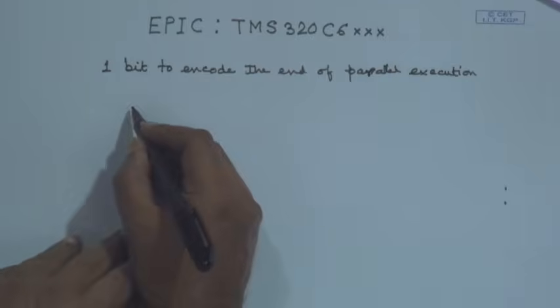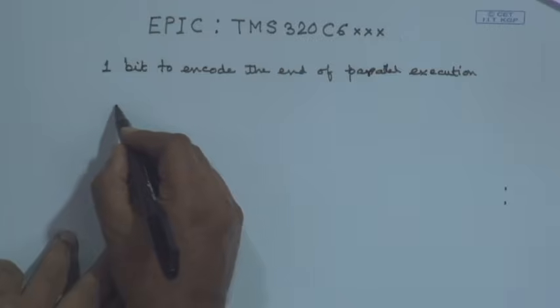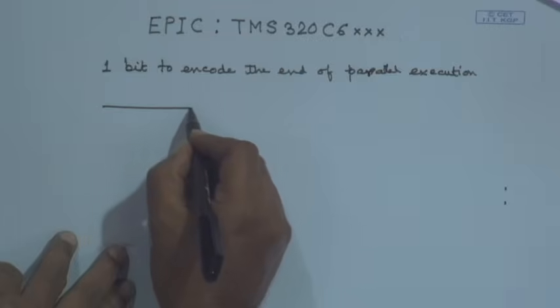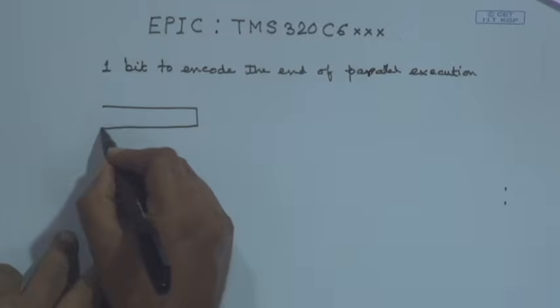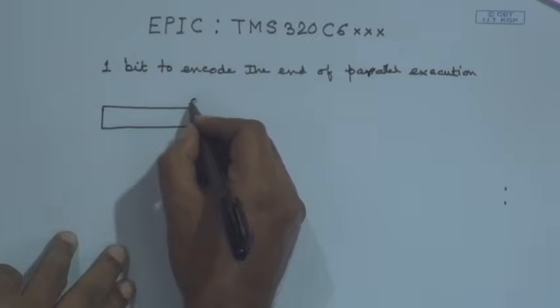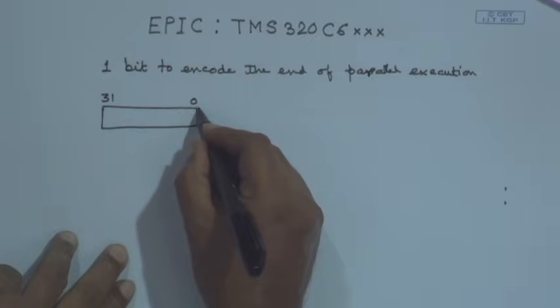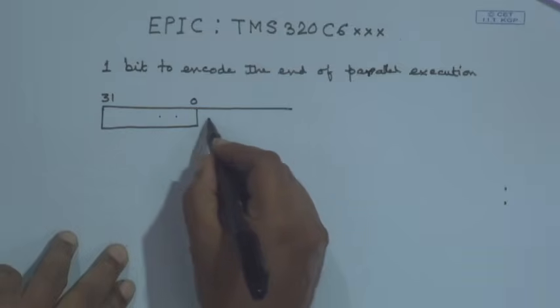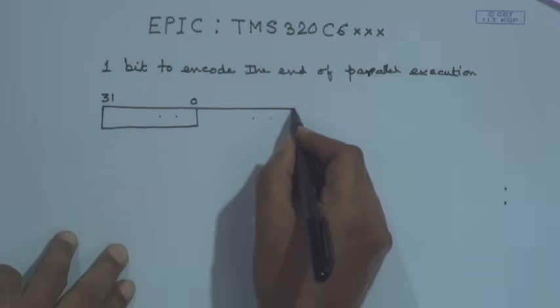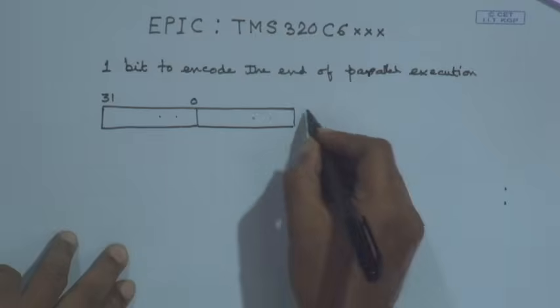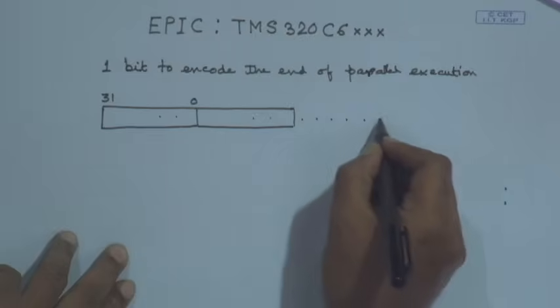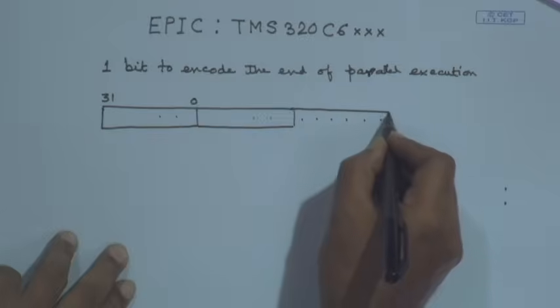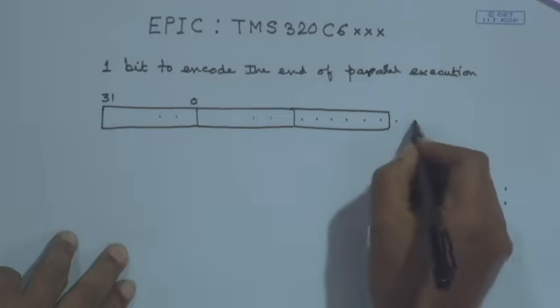Say each of these has 32 bits, each field having bits 0 to 31, and here again, like that I have.